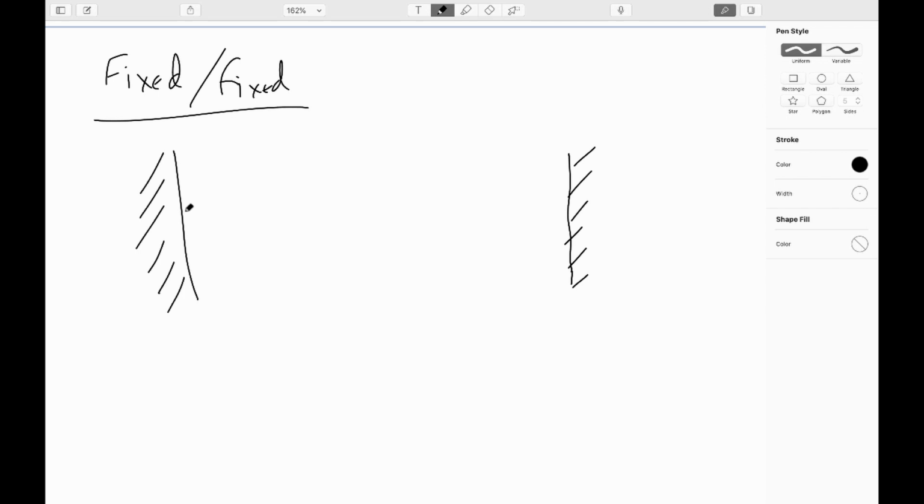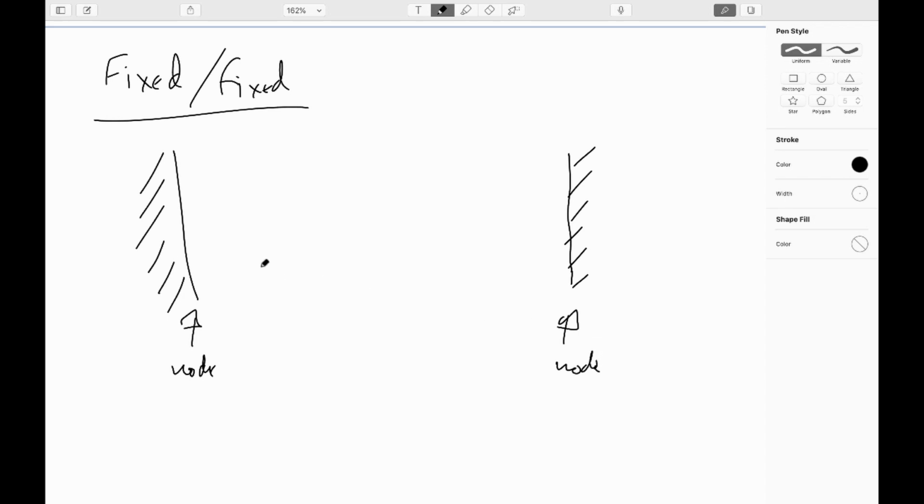The string will be tied down some way or other at both ends. And so because it's tied down there, it literally can't move. So you have to have a node here, and you have to have a node here.